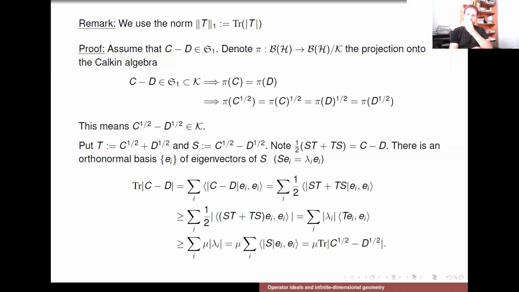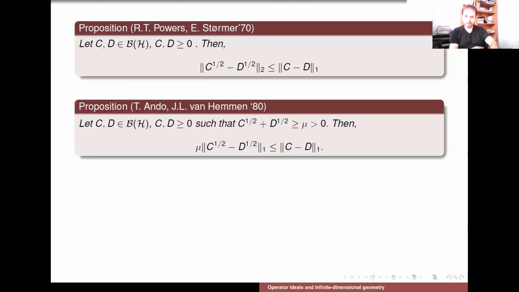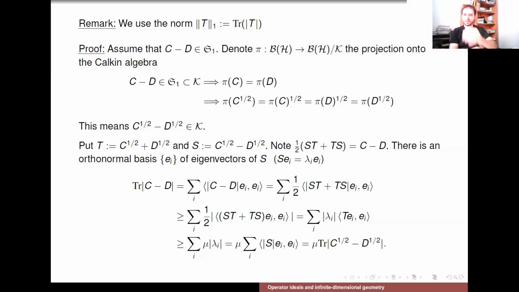We can see a proof of this result, because maybe we would like to understand this condition with the square roots of this sum here. So the proof is short.